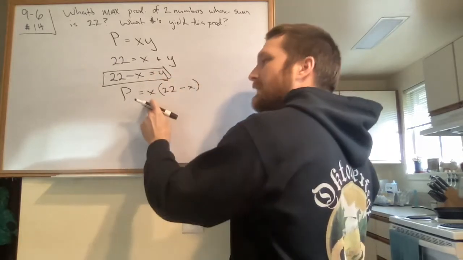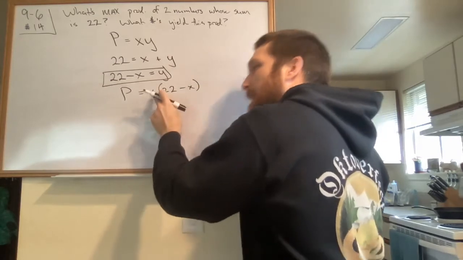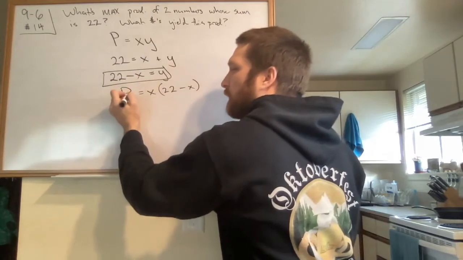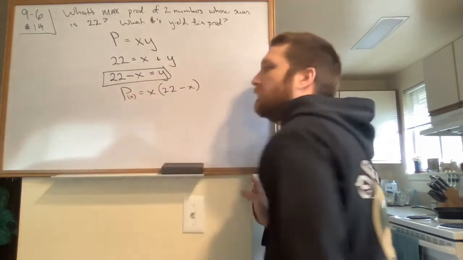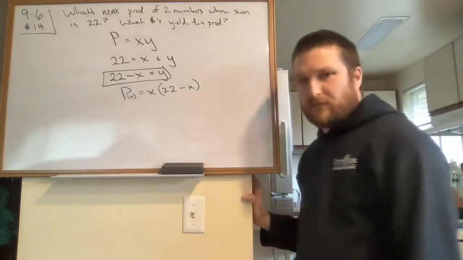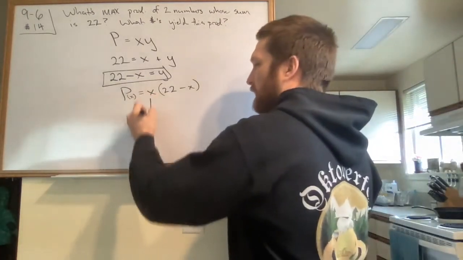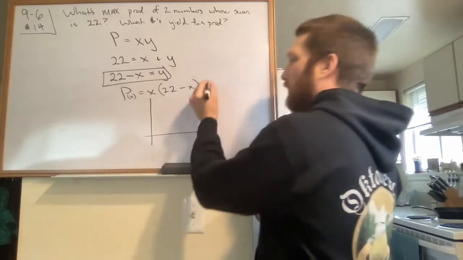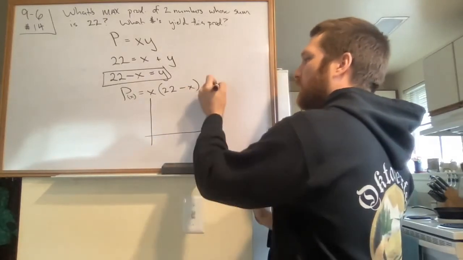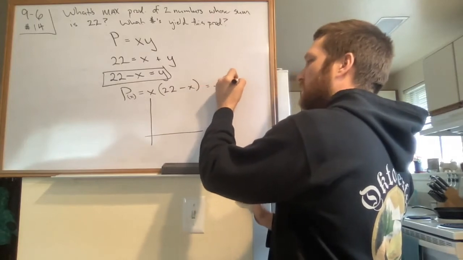Cool. This is a function. We have one input, it gives me an output. I'm going to think about this as a function of one variable, p of x. Now let's graph this guy. It's a parabola. I could also see that this is going to be 22x minus x squared, or minus x squared plus 22x.